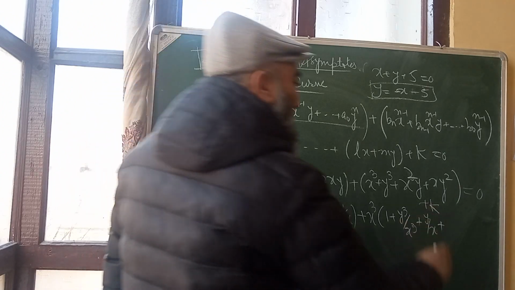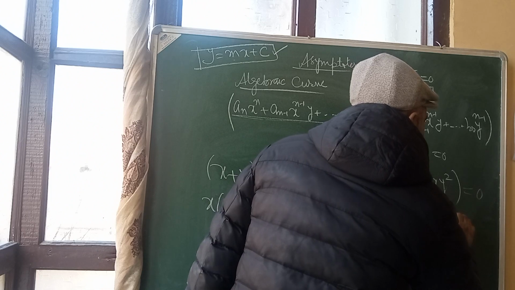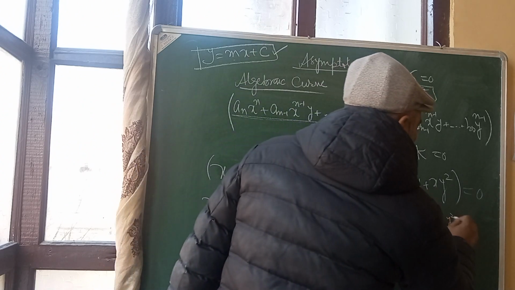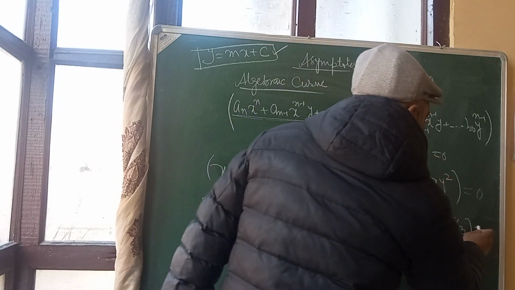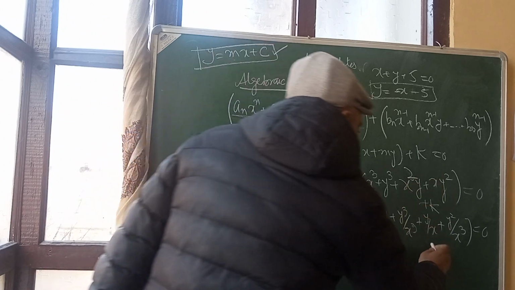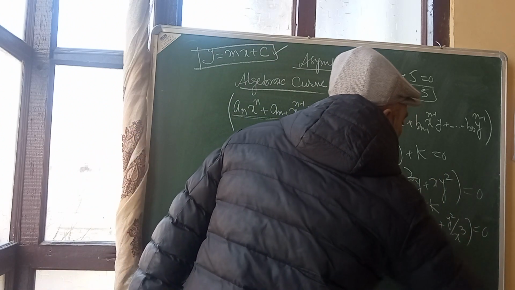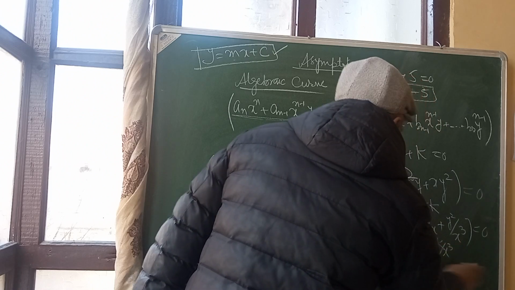You are dividing by x cube, so x will cancel out, equals 0, or plus k, it doesn't matter, or equal to minus k by x cube on the right hand side.